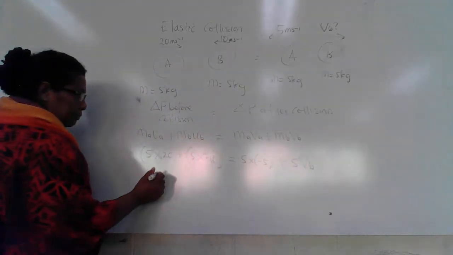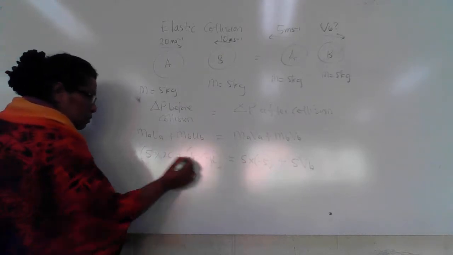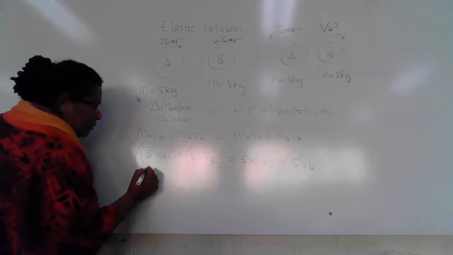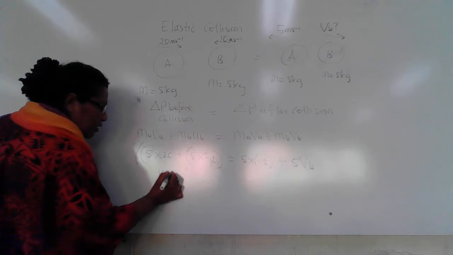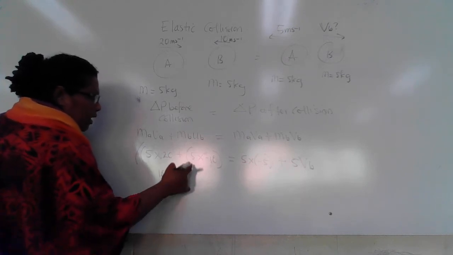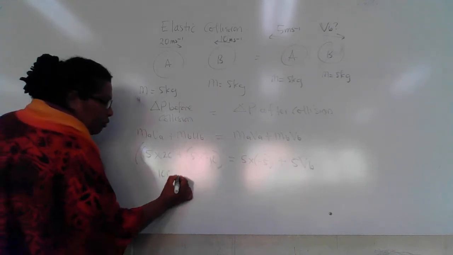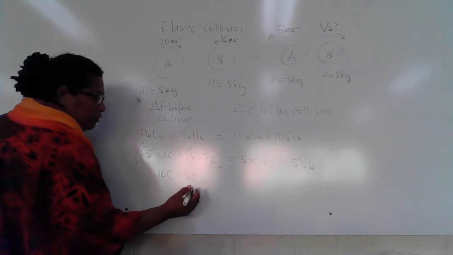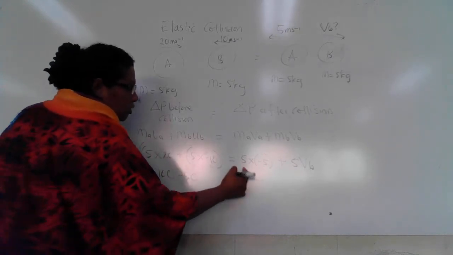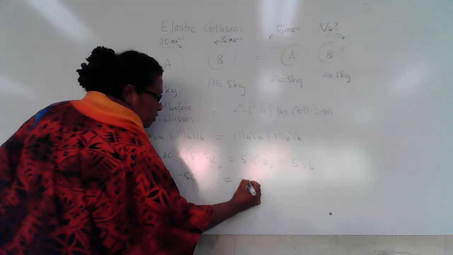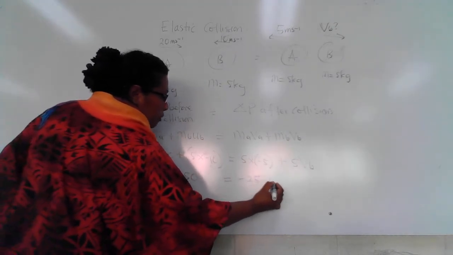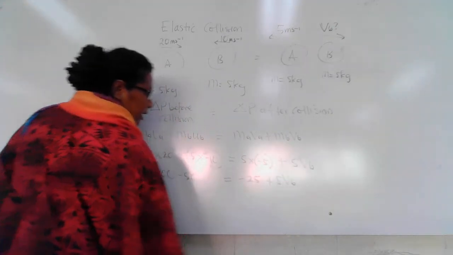So note here, 5 times 20 gives us 100, and we have 5 times minus 10, which is minus 50, and that should equal to 5 times minus 5 is minus 25 plus 5 VB.